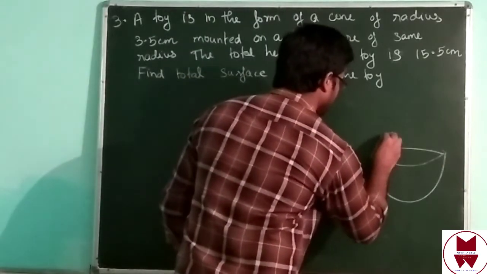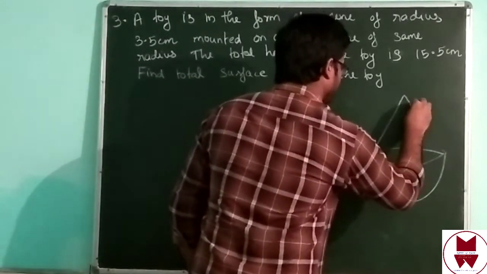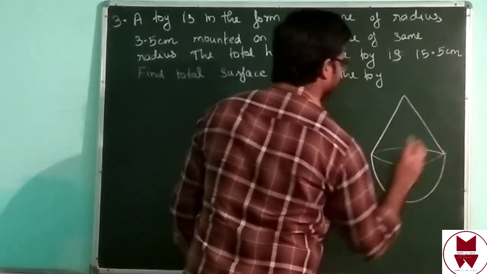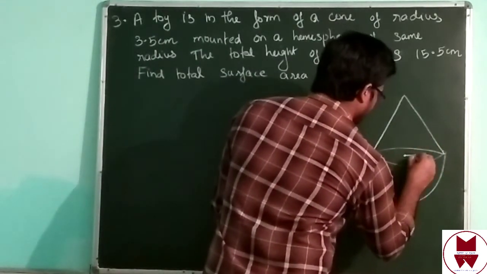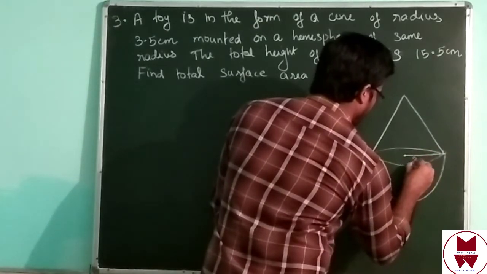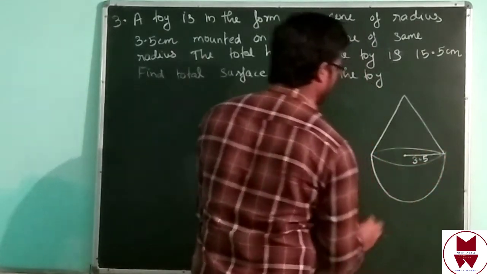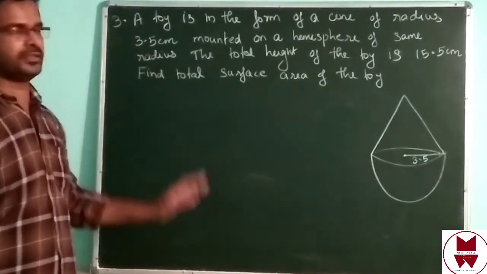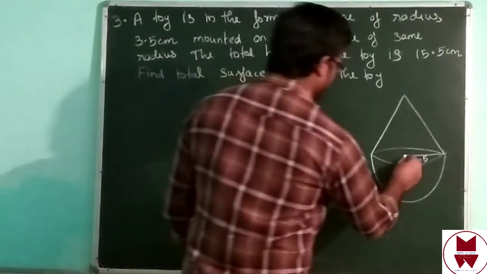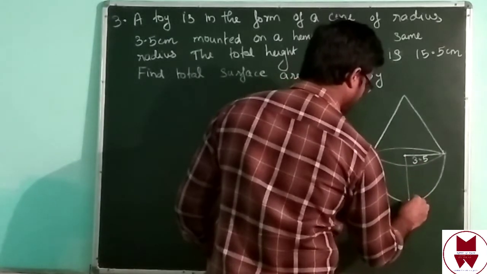On top, one cone. This is our figure. We can write radius. Radius here 3.5 centimeter. 3.5 is already given in this question. Radius is 3.5. Here radius means this downside also. This part also 3.5.